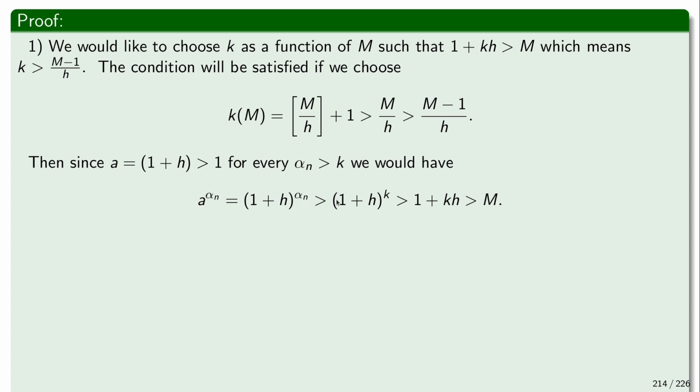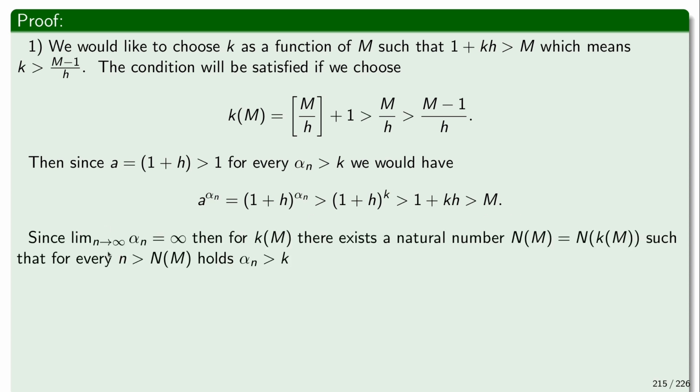And this inequality works now for real exponents as well. And now this would be greater than 1 plus kh, and then the following choice of k guarantees that this is greater than m. So basically we need to show now that we can choose n accordingly, such that for any n greater than n of m, a to the power of alpha n is going to be greater than m.